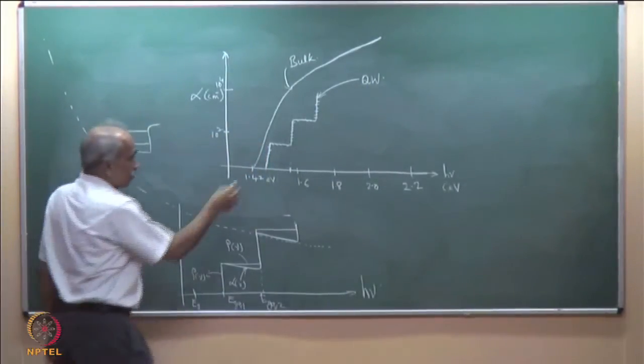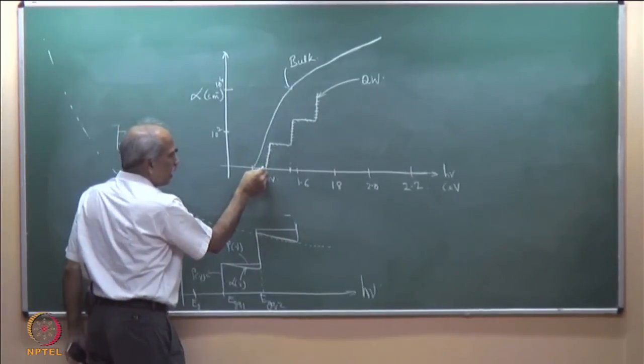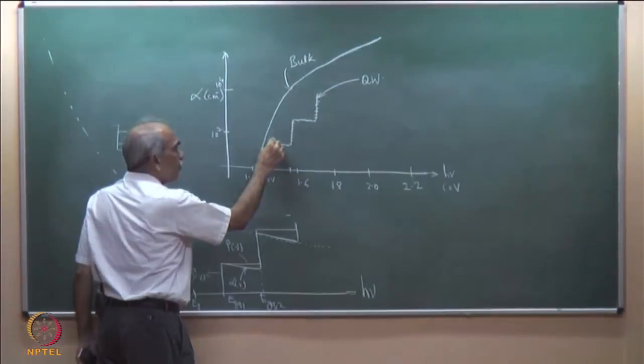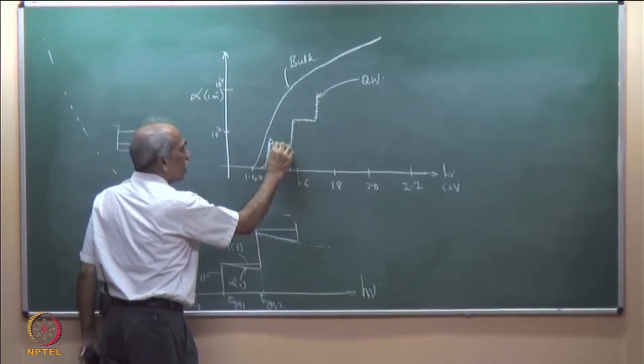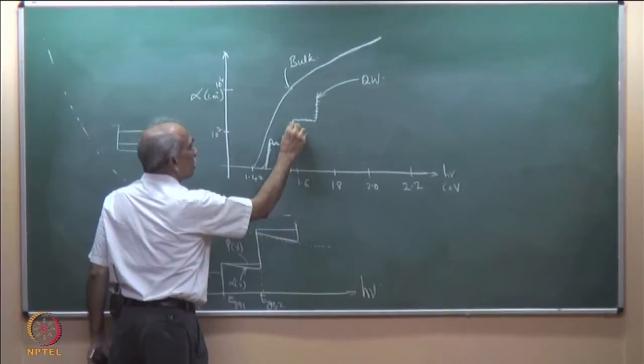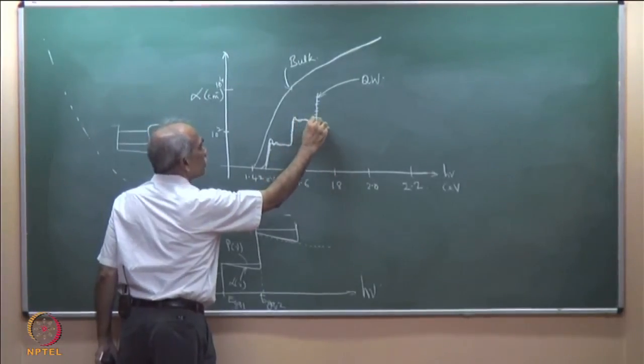What is measured shows a spectrum that starts a little bit earlier, goes like this and then shows a little bit of peaking like this, and then it continues, again comes up, a little bit of peaking, and then goes like this.